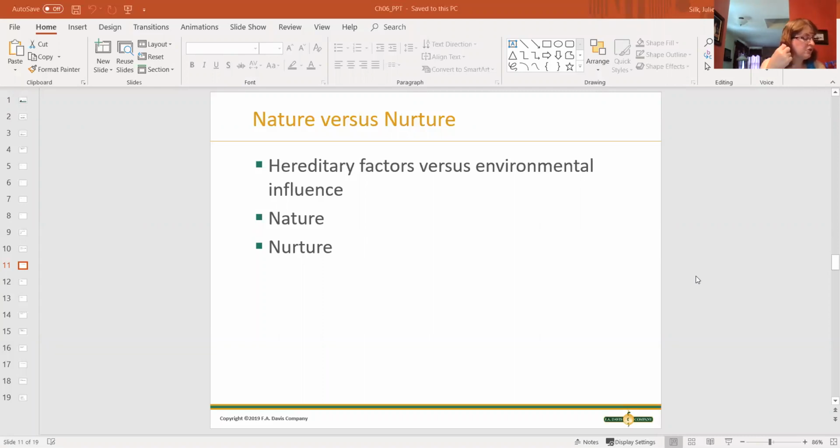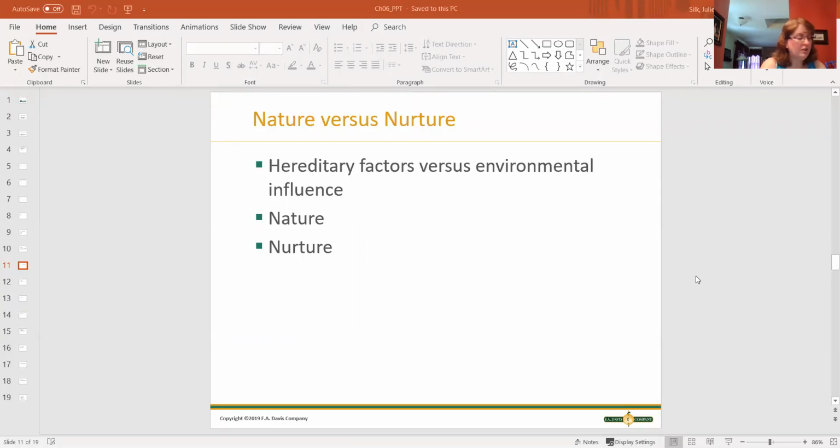Nature refers to the traits, the capacities, and limitations that a person inherits from their parents at conception. So examples would be things like hair and eye color, body type, inherited diseases, and then maybe they could even be athletic because their parent was, or maybe they have muscular ability. You know, all of those things are kind of nature.